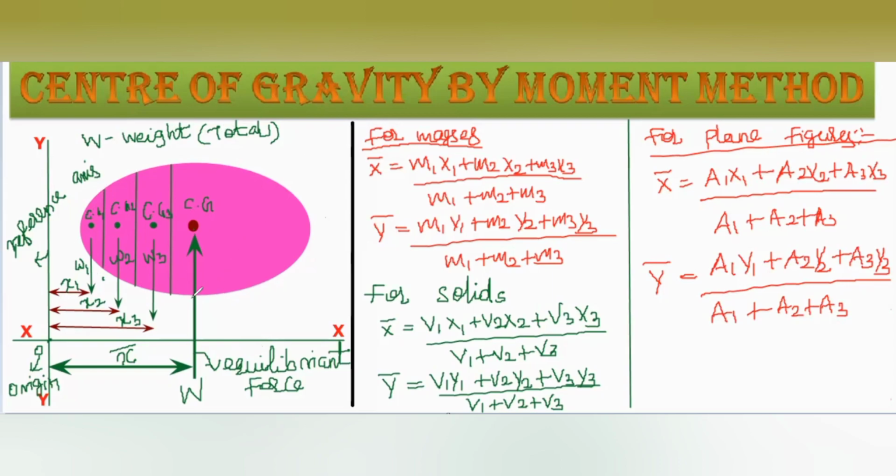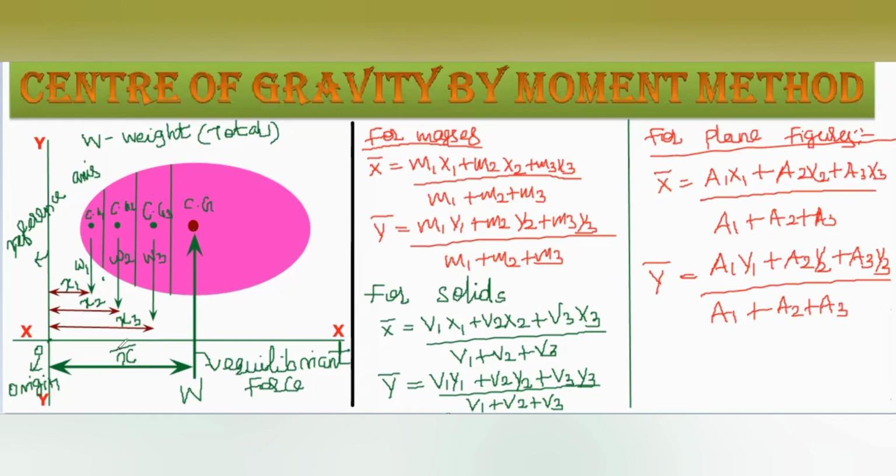Then we use the moment principle: summation of moment with respect to the origin O equals 0. We consider these as all clockwise, and the total weight multiplied with x bar, the distance between the center of gravity of the object and the origin, that moment will be counterclockwise.